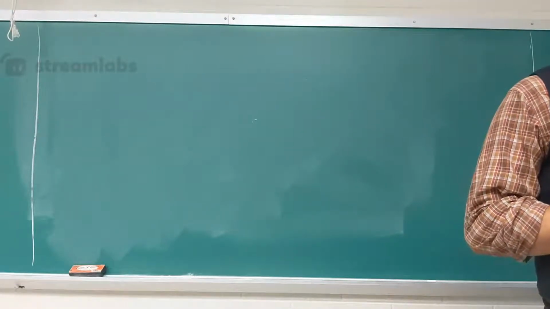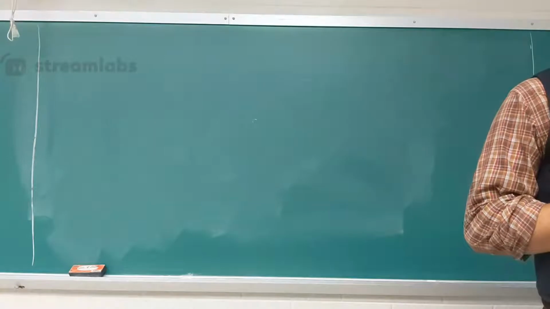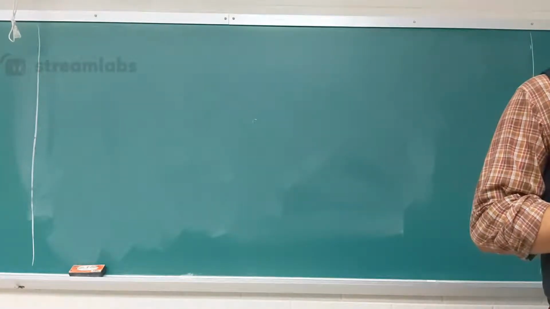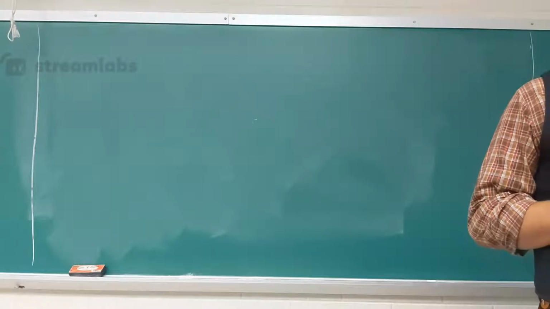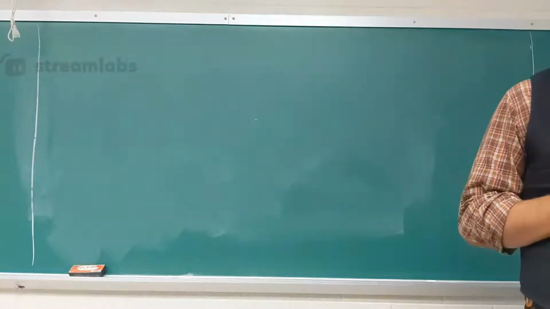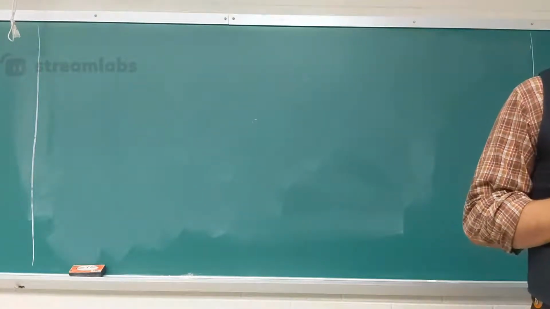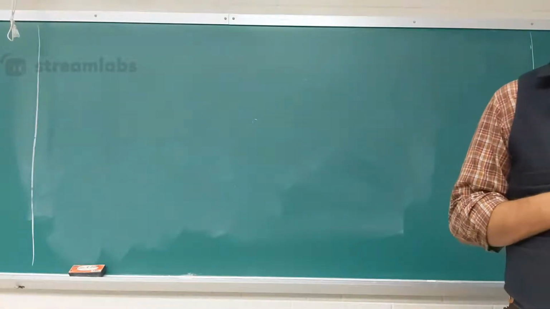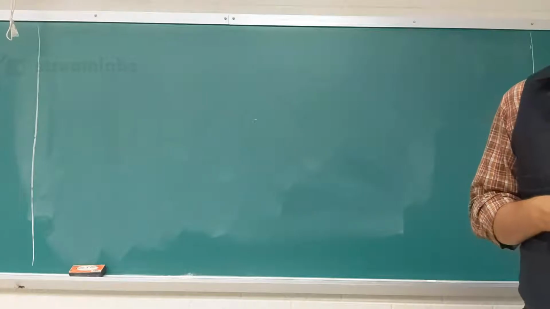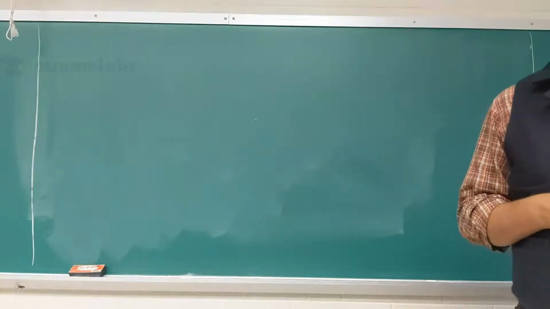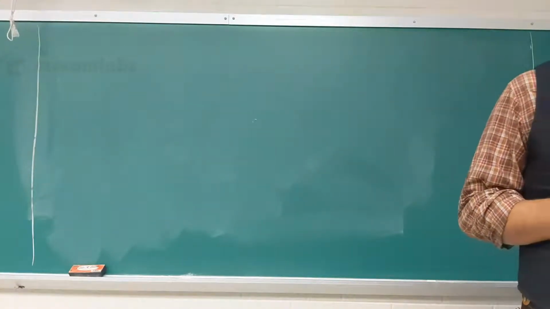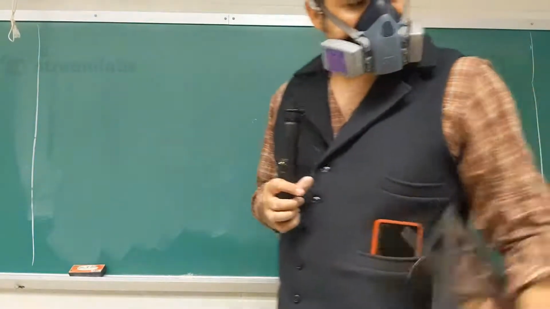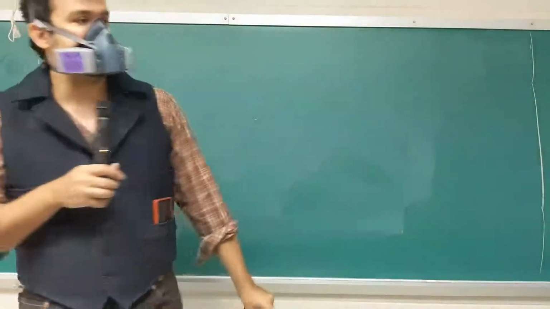I don't know which ones we already did. 4, 6, 8. Did we already do 8? I don't think we did, but if we did, don't do it. 9, 10. Okay, let's work on these for a minute, see where we get, and then come up and do it.